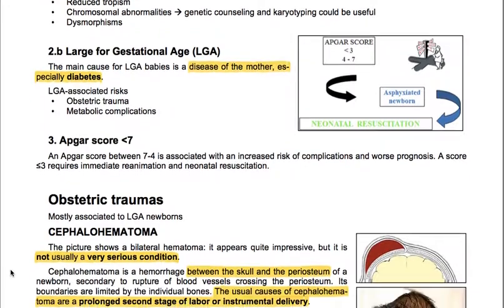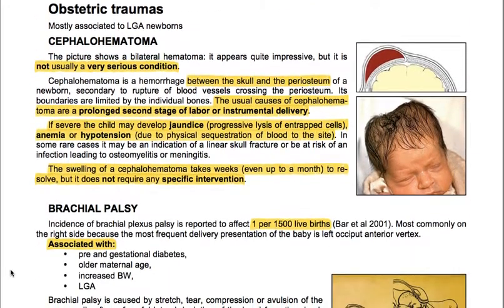So, obstetric traumas, mostly associated to large for gestational age newborns. You can have cephalohematoma, it is actually not a very serious condition.